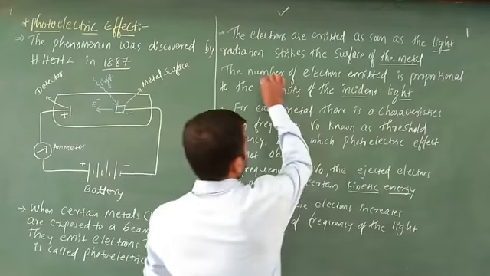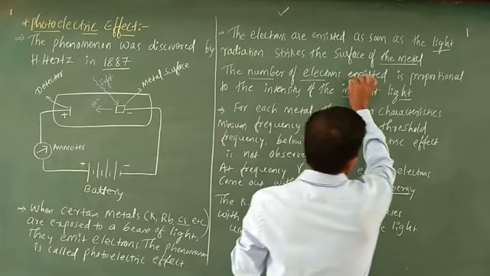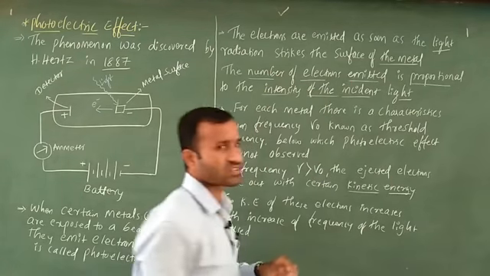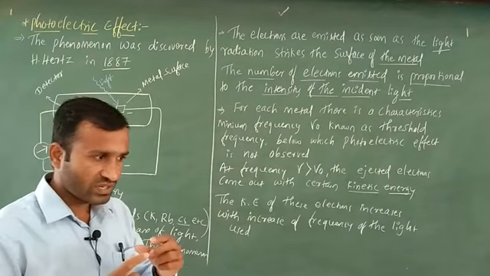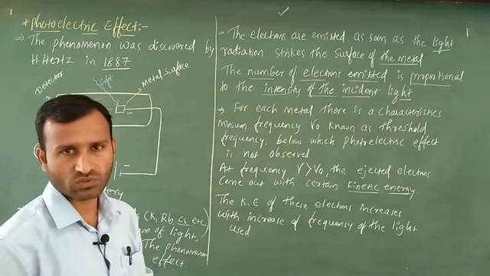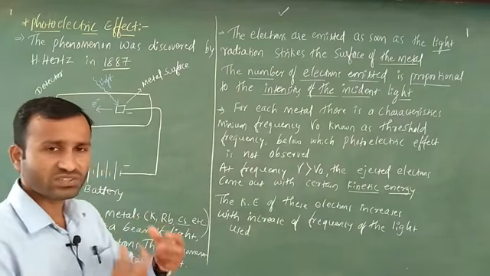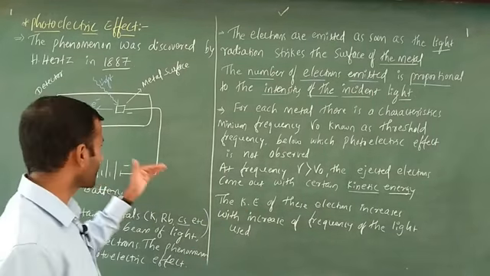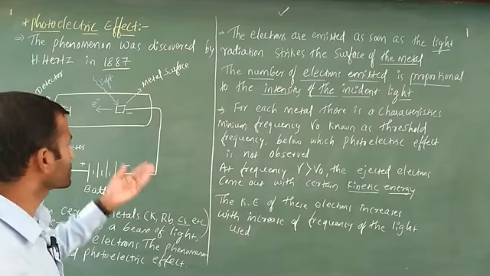This is the most important point. If the light is more intense, it can donate more electrons. If the incident light intensity is less, it can donate fewer electrons.